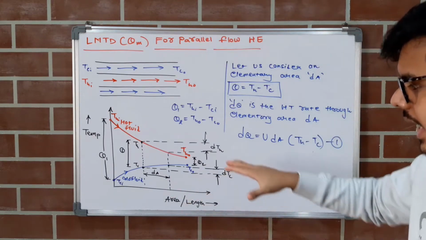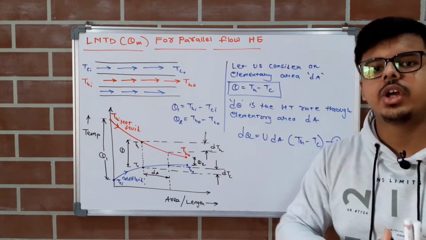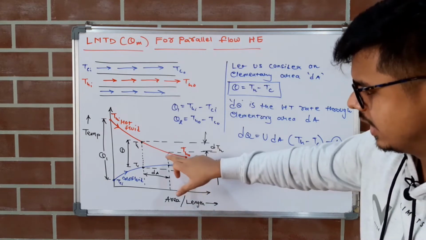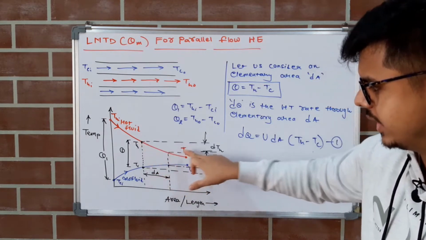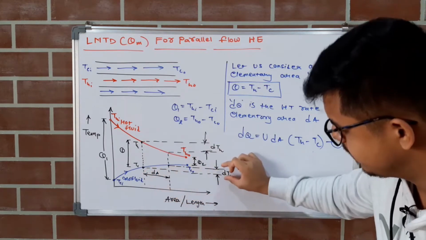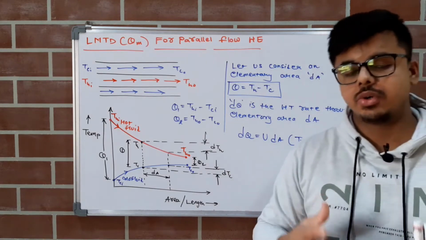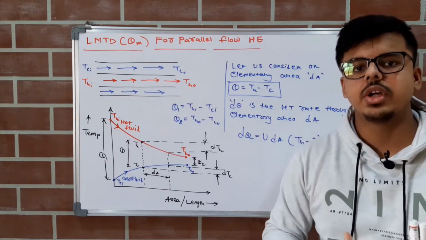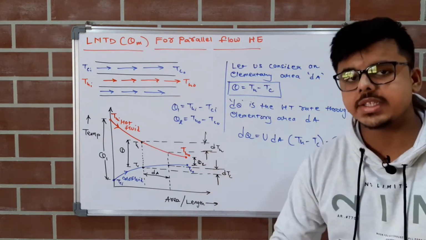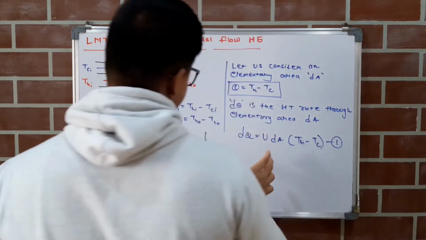So we will write the next line: due to the heat transfer rate dQ, the hot fluid cools by temperature dTh, and the cold fluid heats up by temperature dTc. This is the temperature change for the hot fluid, and this is the temperature change for the cold fluid. So I will write that line.